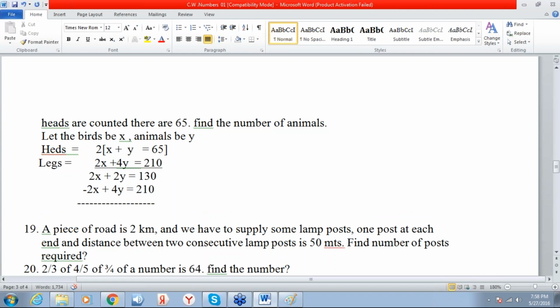So 2y is equal to 80. Then y is equal to 40. So therefore number of animals is equal to 40. Then birds is equal to 25.